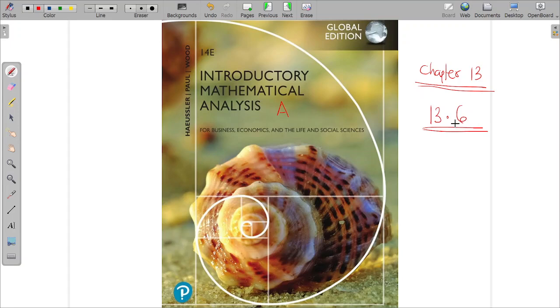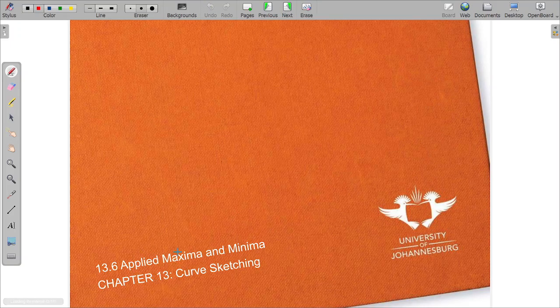In 13.6, we are dealing with applied maxima and minima.